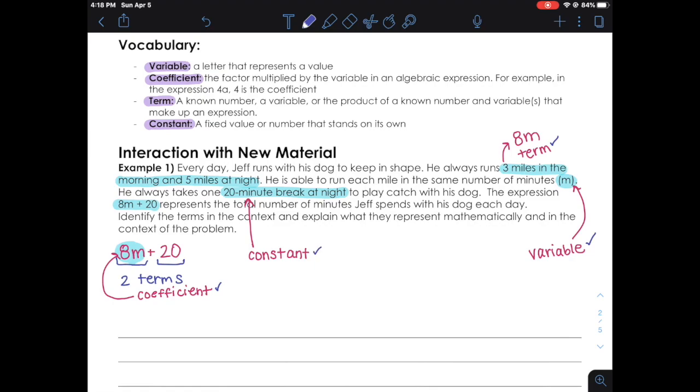All right, so let's go ahead and start answering. All right, so the term 8M represents the amount of time it takes Jeff to run those 8 miles.